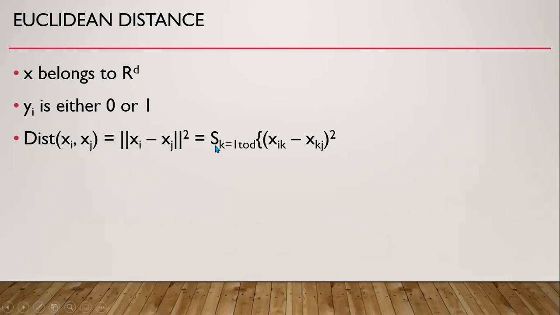The distance squared is the summation over k equal to 1 to d of the square of this difference. Here the sigma stands for summation. And if you take the square root of the entire term, then we get the distance.